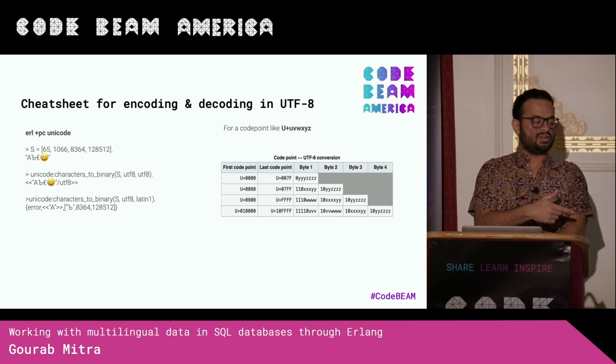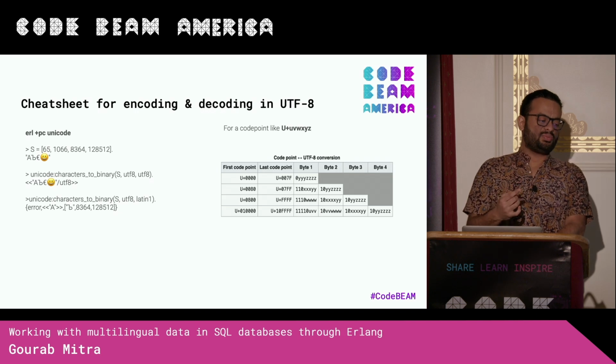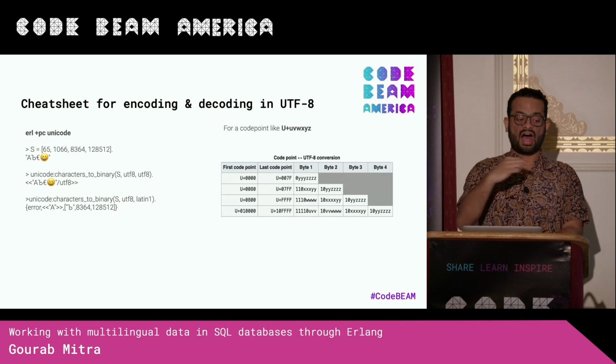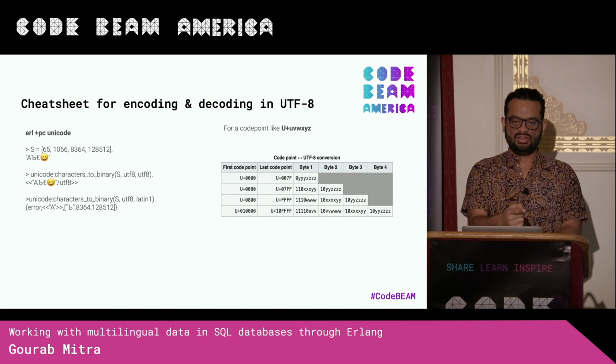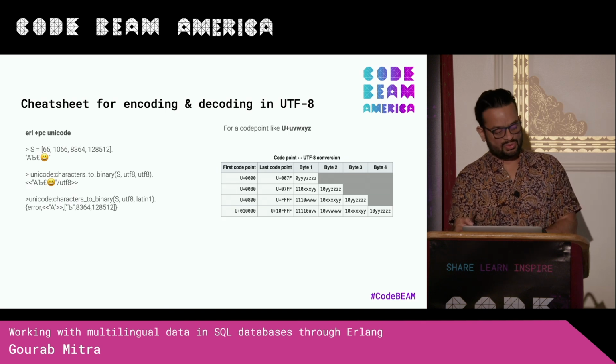So if you do that to the list that we just talked about, say, hey, characters_to_binary, this sequence of code points I know is encoded in UTF-8, but please also encode it into a binary of UTF-8.